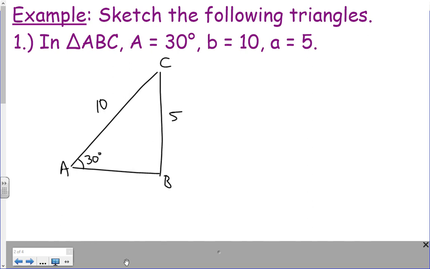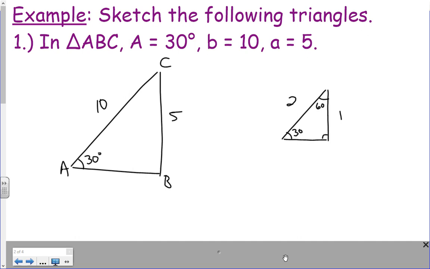If you go back to what we know about a 30, 60, 90 triangle, we've talked about this special triangle many times now. The side opposite the 30-degree angle is 1, and the hypotenuse turns out to be 2.